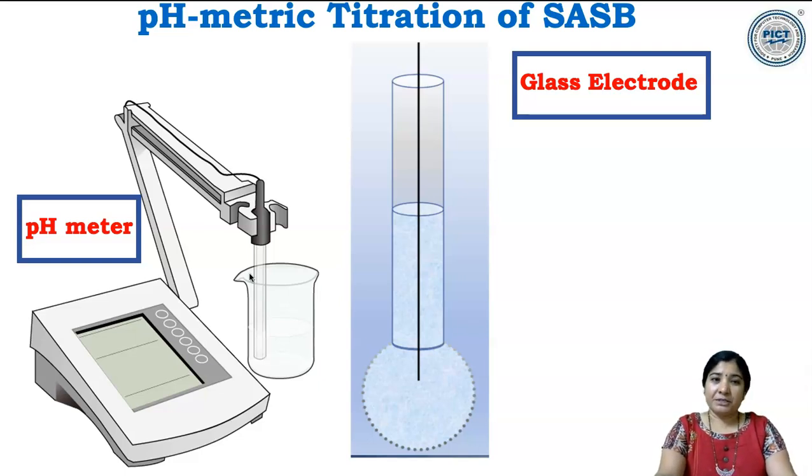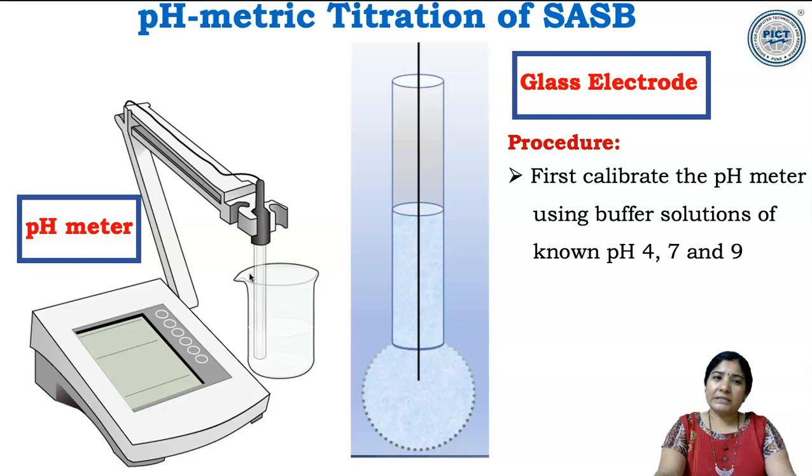So a pH meter having that indicator electrode, that is glass electrode, we will require during this titration of strong acid strong base. So let us go with the procedure.